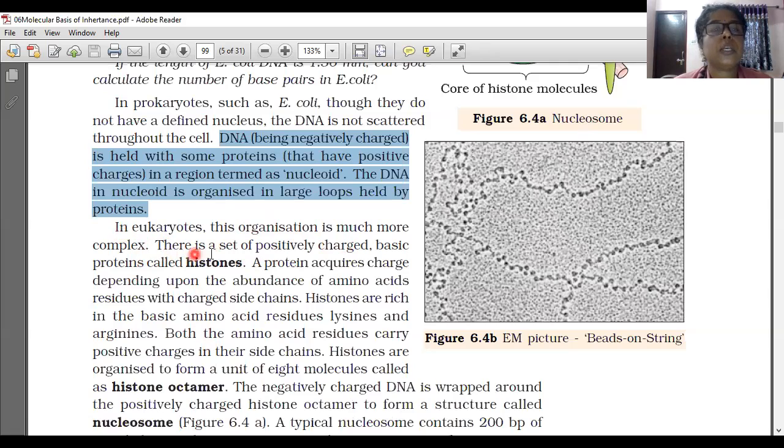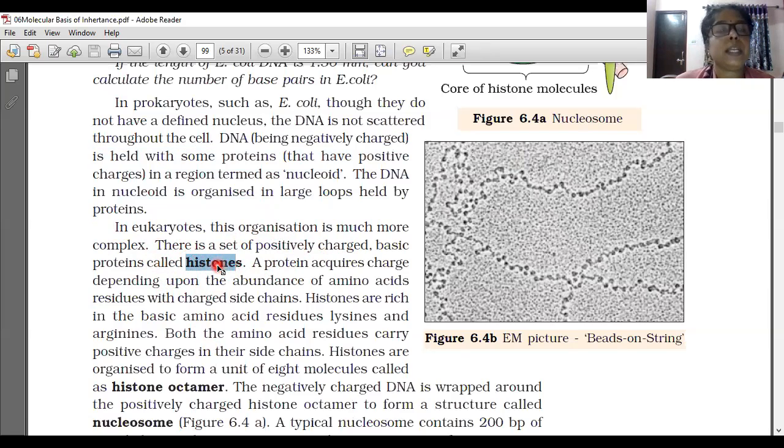In eukaryotes, this organization is much more complex. There is a set of positively charged basic proteins called histones. DNA is negatively charged, and along with the DNA, there is a set of positively charged basic proteins called histones.